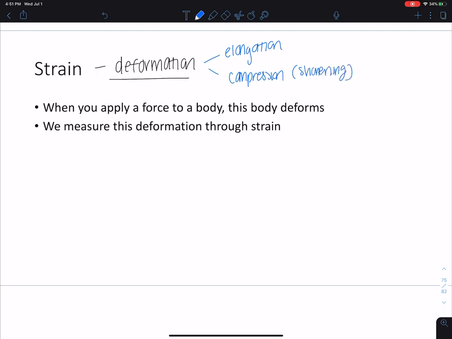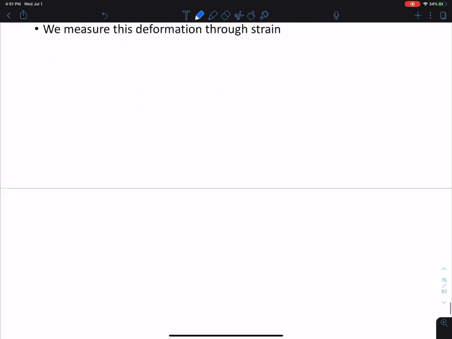We could also talk about an angle of change. We'll kind of talk about that later, so I'll put it in parentheses. Rotation.